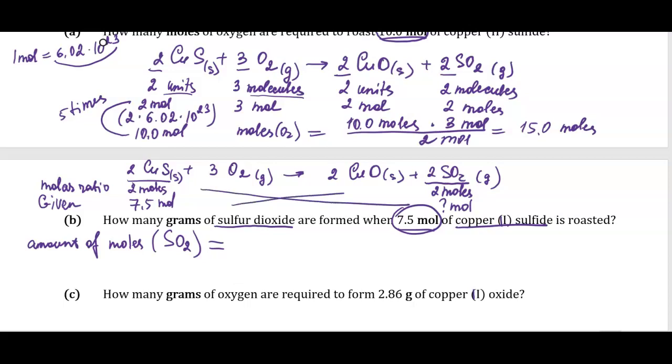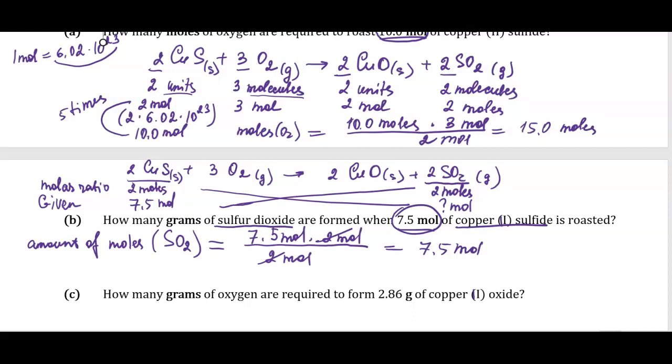Our calculation will be like that. See, this line connects 7.5 and 2 moles, and they go on the top here, 7.5 mole multiplied by 2 moles, divided by 2 moles. And 2 and 2 are cancelled. So we have 7.5 moles, the same amount of sulfur dioxide.